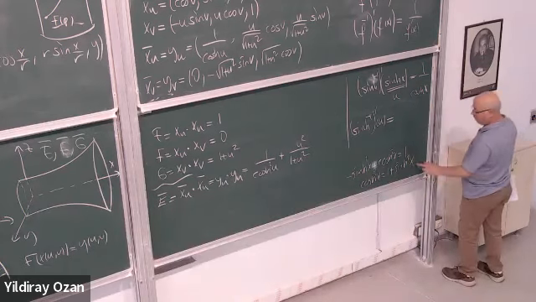When you take the product of this with itself, you get 1 plus u squared. So this is just 1.